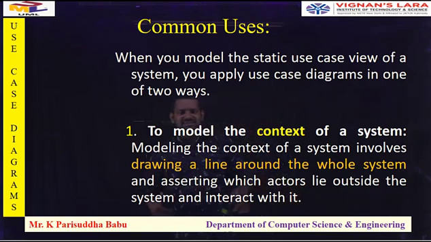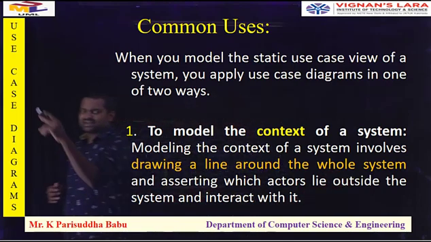So, and assessing which actors lie outside the system and interact with each. So, what is modeling the context of a system? To model the context of a particular system, we have to draw a line around the whole system.